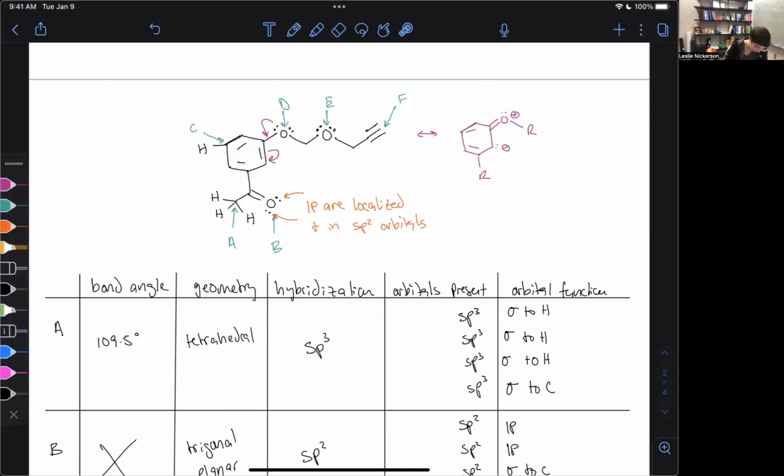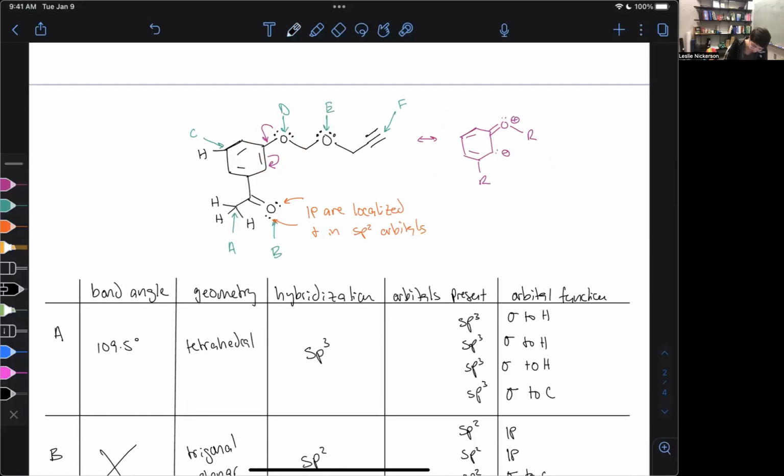So if we're making our list of what we have going on this oxygen, we've got 2 lone pairs. We've got a sigma bond to C and another sigma bond to C. Okay, so one of these lone pairs can be delocalized into that benzene ring like I did over here in the purple. So in order to do that, that means that that lone pair essentially became a pi bond. And what do we make pi bonds out of? P orbitals.